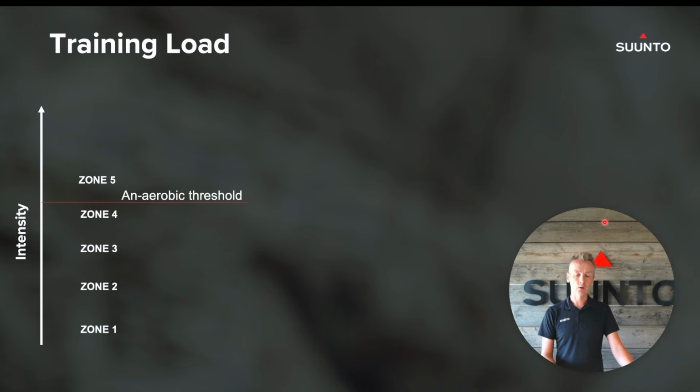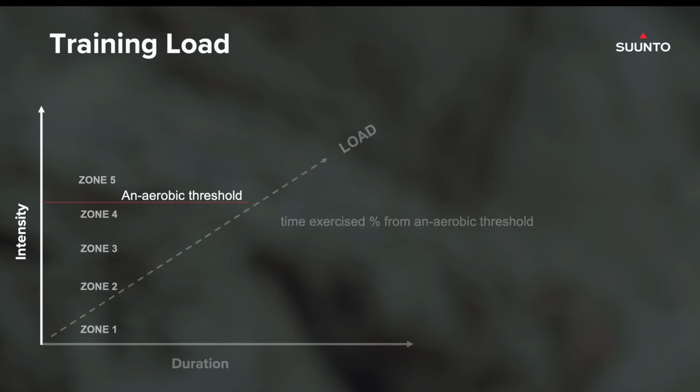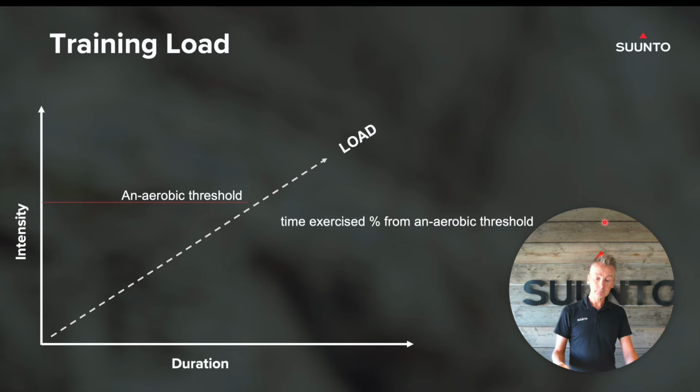training stress calculation. Now anaerobic threshold, basically again when we look at the load calculation, we take a percentage from anaerobic threshold and use that number to calculate the load. So for example, if you are 100% in threshold, it means that you will get in 1 hour that 100 TSS points.